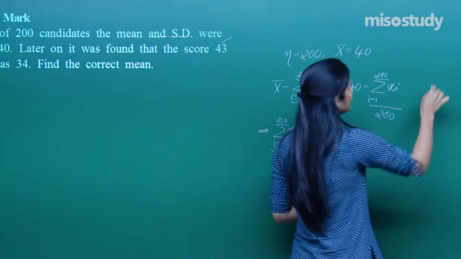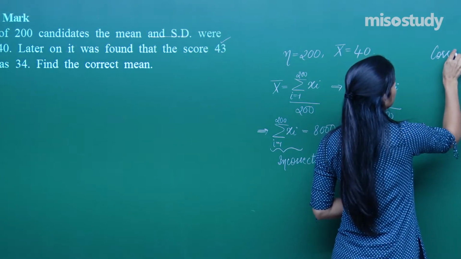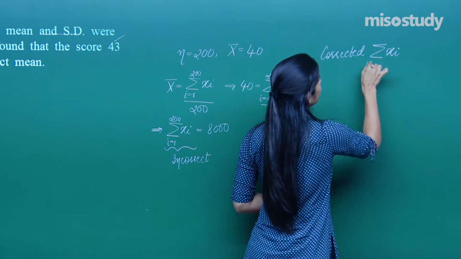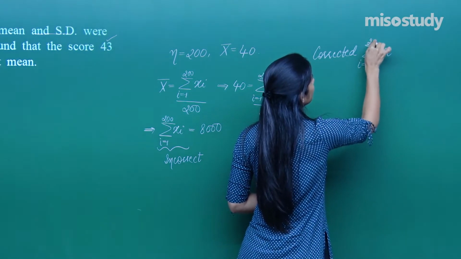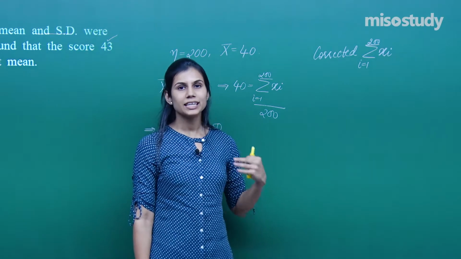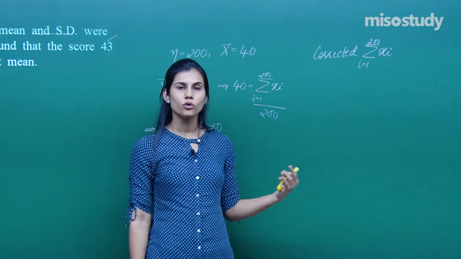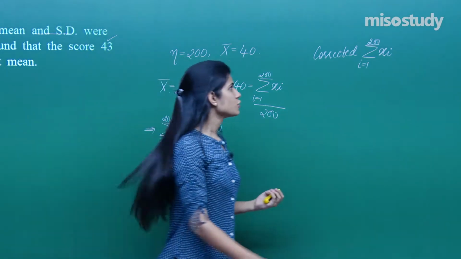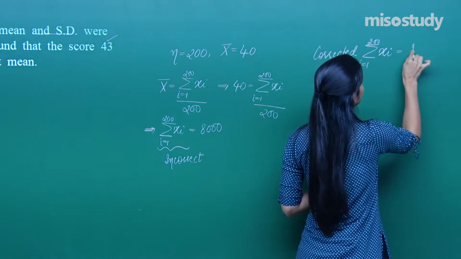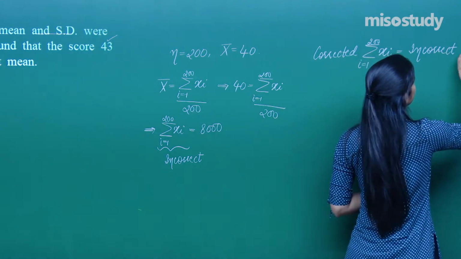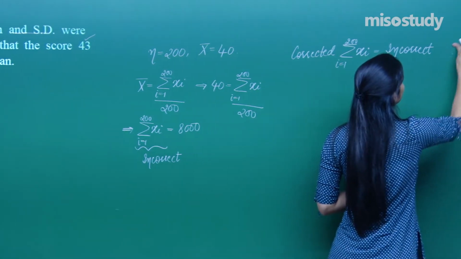So, what would be the correct summation? Correct one would be when the ith observation, which is 34, is replaced by 43, and then the sum is evaluated. So, basically I will take the incorrect sum.